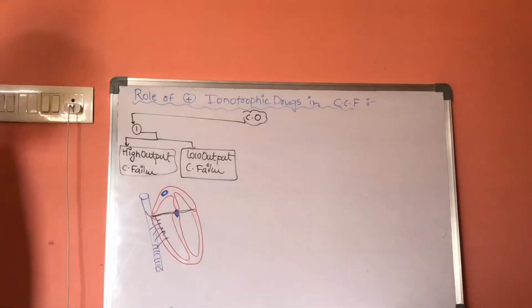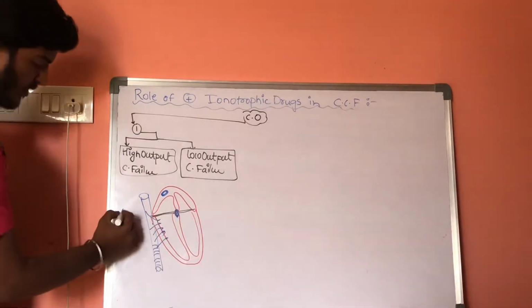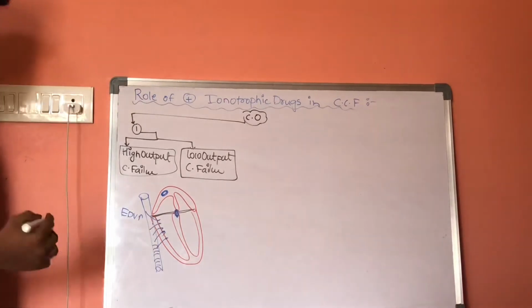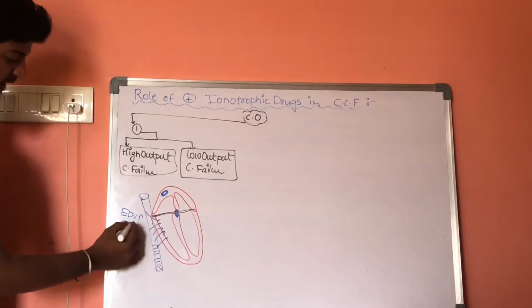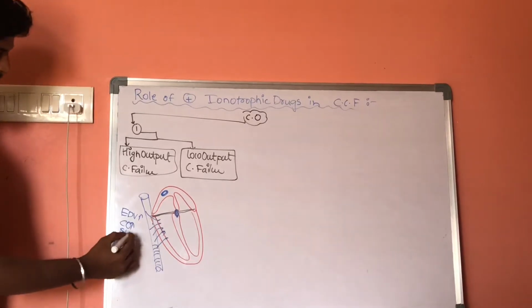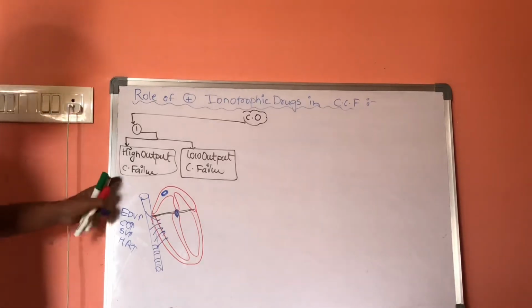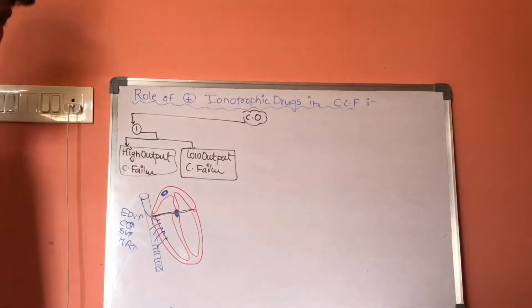Whenever the venous return is increased, end diastolic volume will get increased. Whenever the end diastolic volume is increased, cardiac output will get decreased, stroke volume will get increased and heart rate will get increased. In this way, it is called high output cardiac failure.